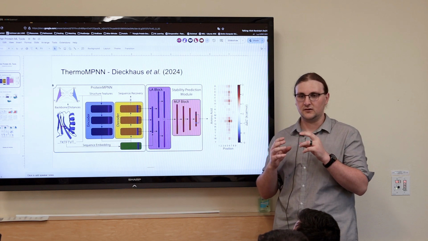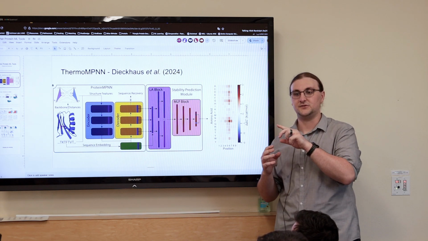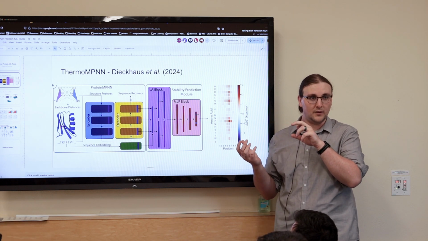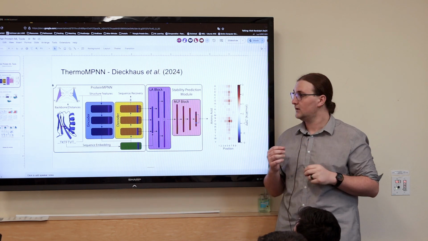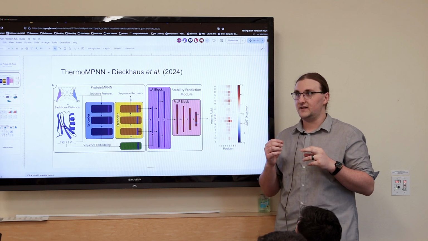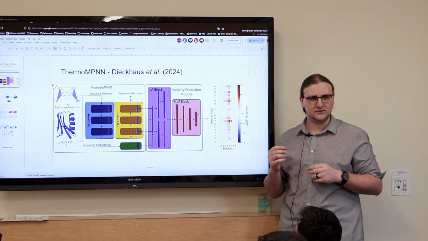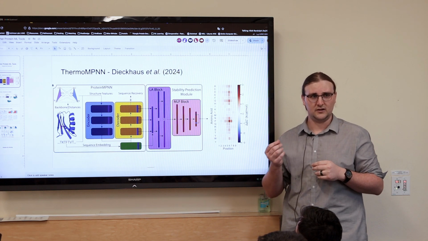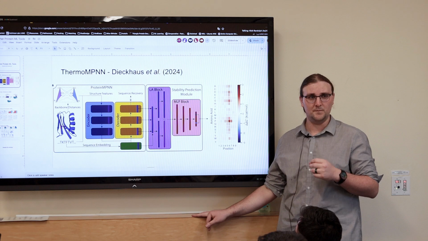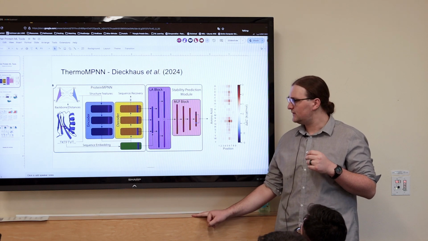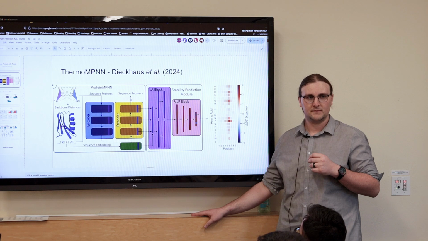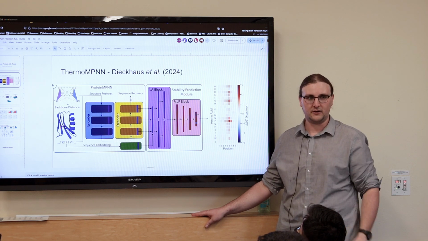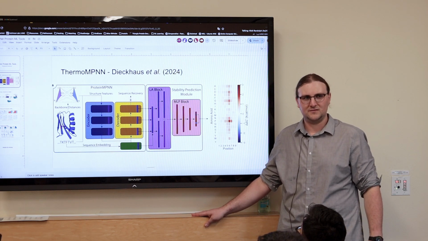So it has an idea of why this position is the way it is, and has chemical properties and maybe some physical properties of that as well. And I think that's how it starts to learn how, if you change that, it affects things. The mutant sequence doesn't come in really until the end. It's a little hard to see from this diagram, but yeah.